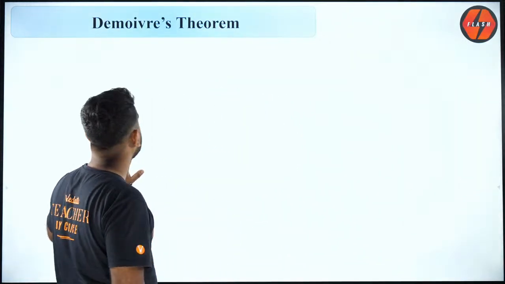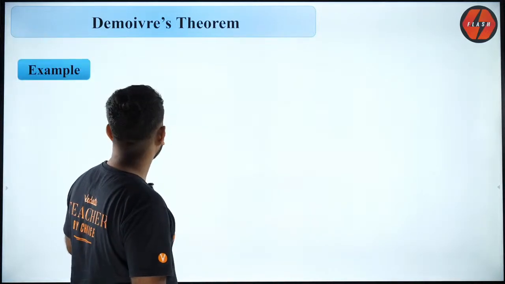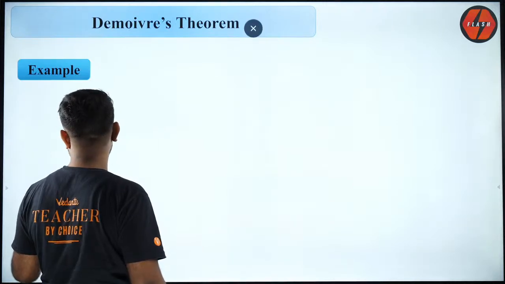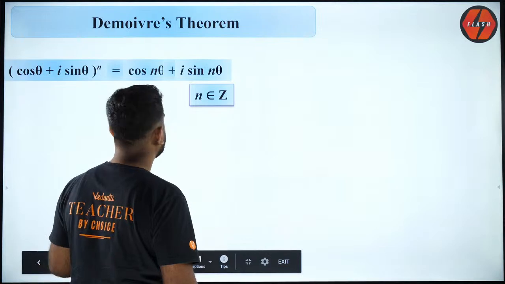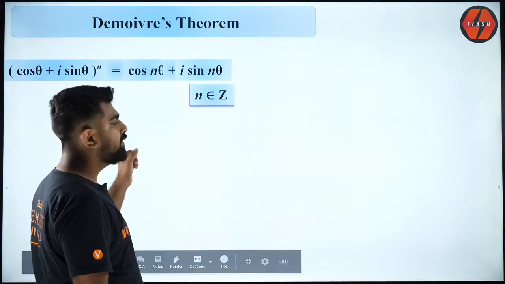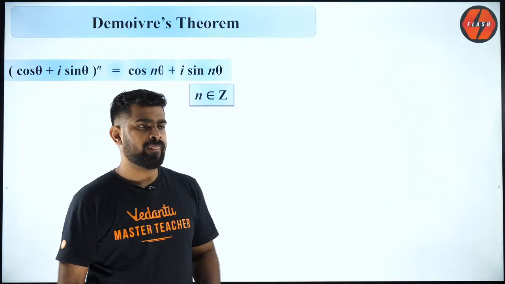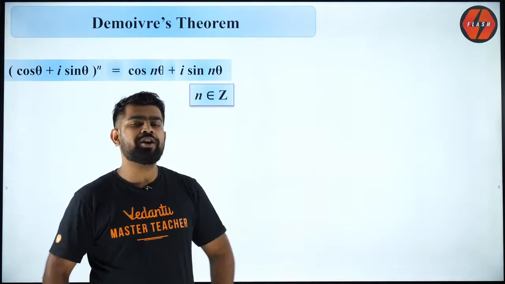Let's go ahead. So this is the next one. Please make a note of it. Like I said, this is your De Moivre's theorem. Can you guys make a note of this? Everybody? So this is your De Moivre's theorem.